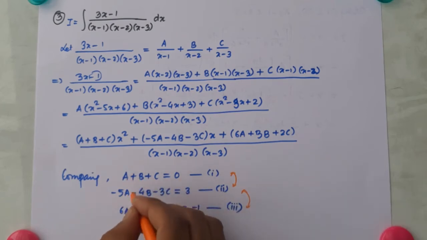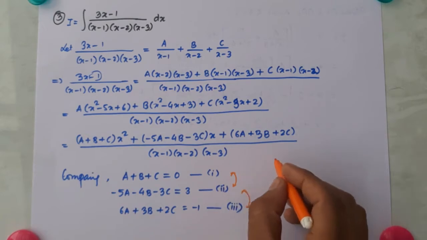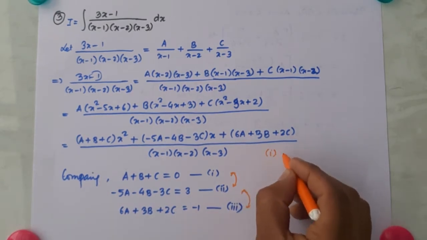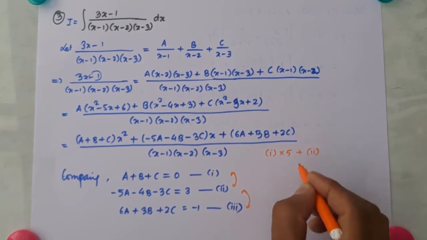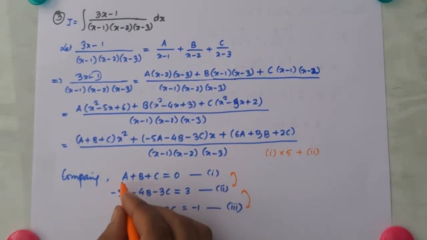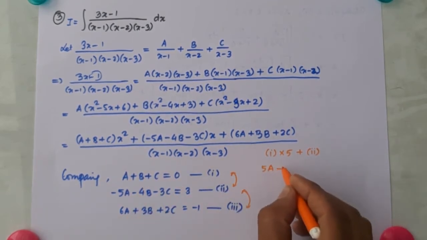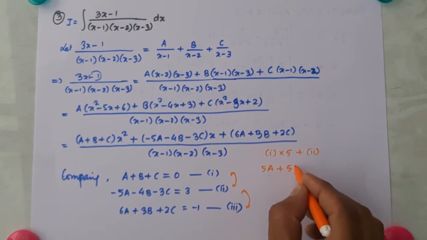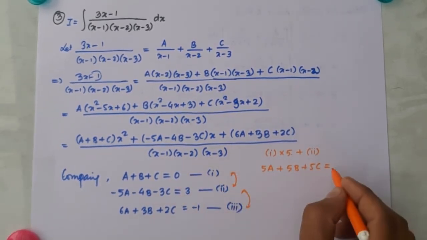Okay, so let's see the first part. I'm going to eliminate one of the variables here. So for that, let me multiply equation 1 by 5 and add with equation 2. So let's see how much we get. We get 5a + 5b + 5c equals 5 into 0, which is 0.